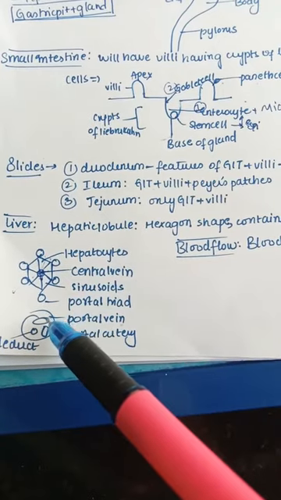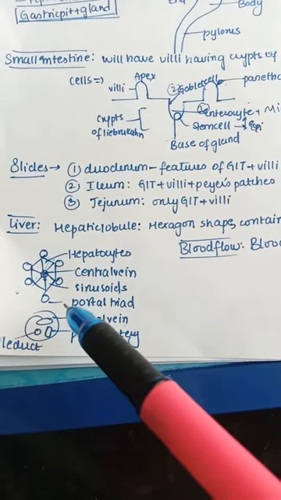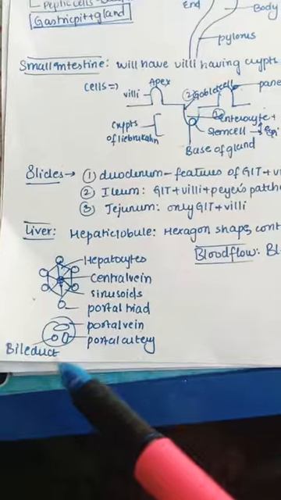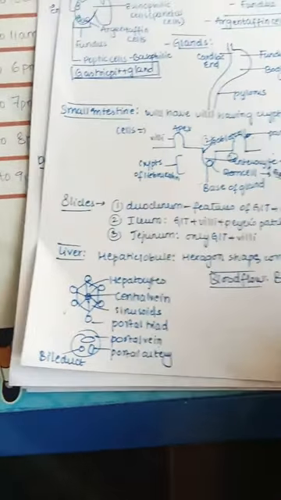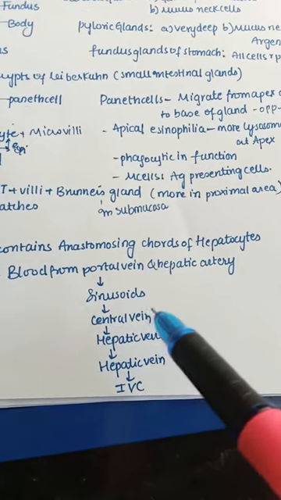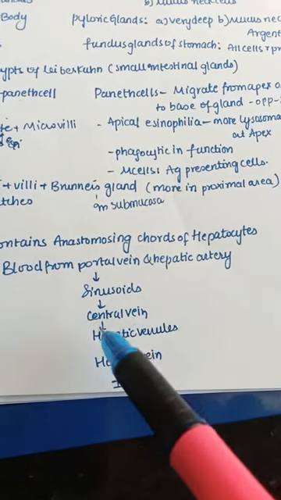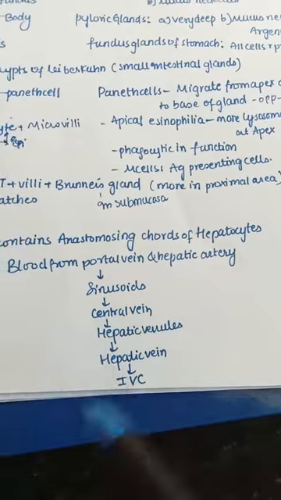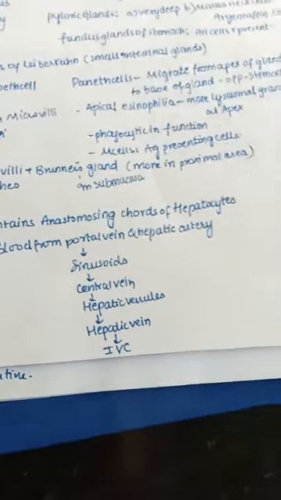So these are the sinusoids, and this is a portal triad. The portal triad mainly contains the portal vein, hepatic artery, and a bile duct. So blood flows from the portal vein and hepatic artery to the sinusoids. From the sinusoids it goes to the central vein, from the central vein to the hepatic venules, from there into the hepatic vein, and finally reaches the inferior vena cava, or IVC.